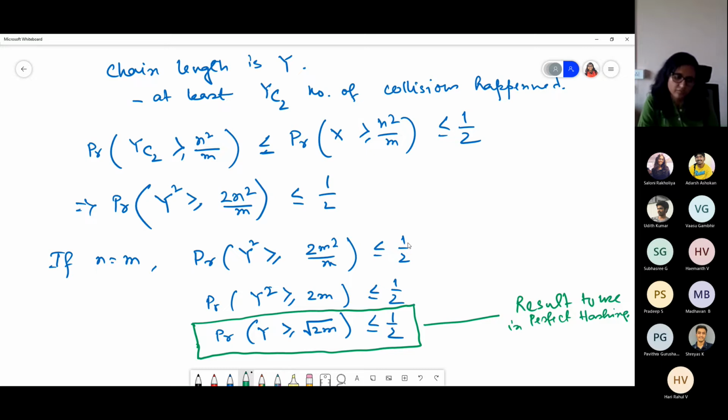It means if you choose n equals m, then maximum chain length will be at most root 2m with a probability less than or equal to half. And this result will be used in perfect hashing, which avoids all kinds of collision. So when we go for perfect hashing scheme, there is no chance of collision at all. And so randomized algorithm means we want to make it perfect and more perfect.